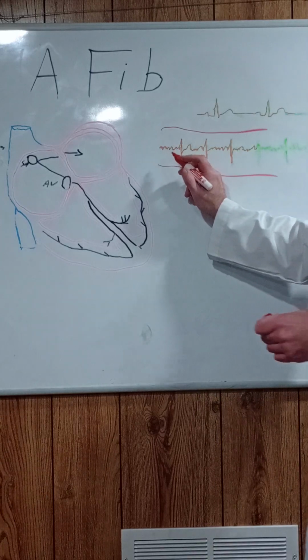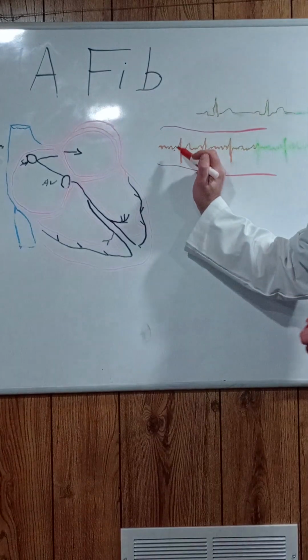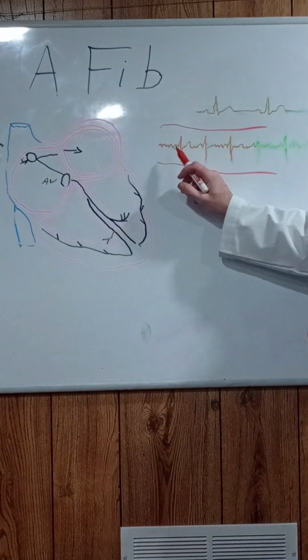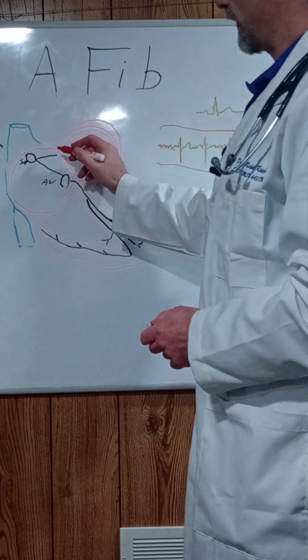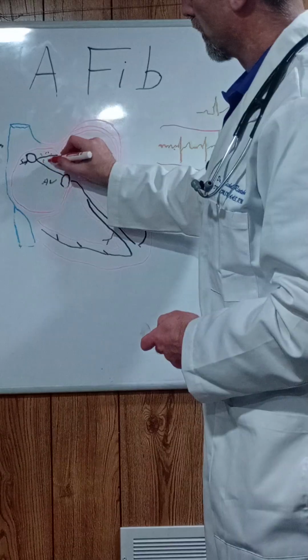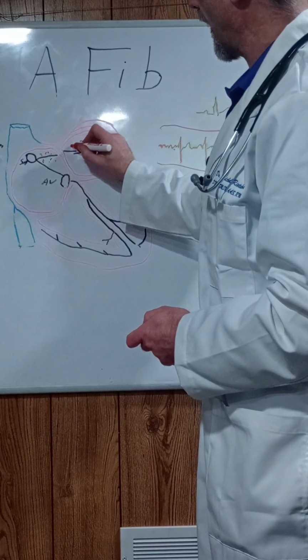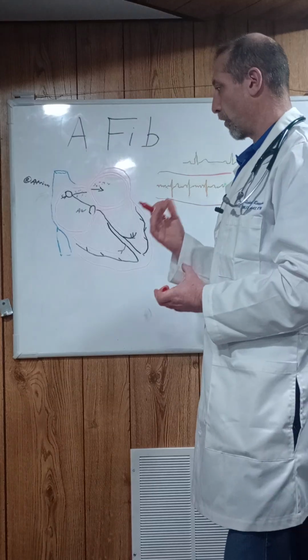Okay, they're non-discernible. So that's where you get these little bumps on the electrical telemetry strip. What's taking place over here is there's like these little erratic impulses that's taking place in the heart itself.